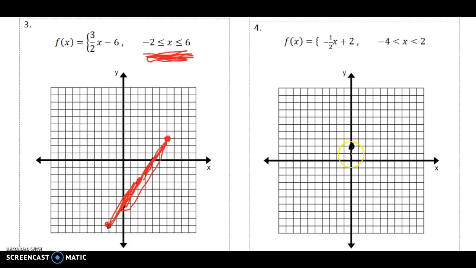So I will go down 1 and right 2, down 1, right 2, down 1, right 2. Feeling good on that side. I'm going to reverse, go up 1, left 2, up 1, left 2, up 1, left 2. That looks pretty good to me. So we'll go ahead and connect our dots.